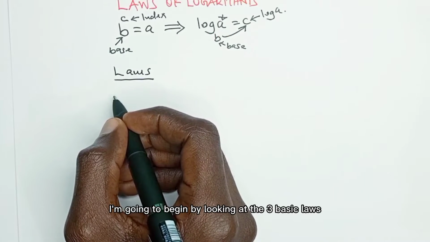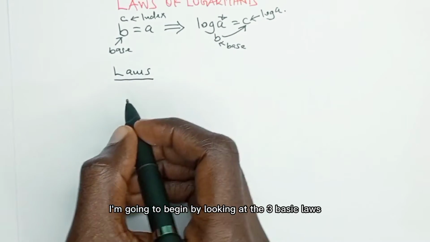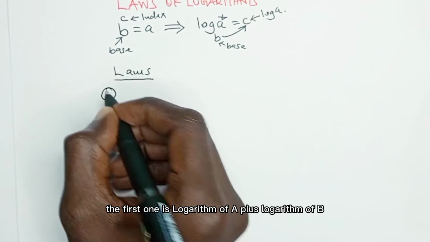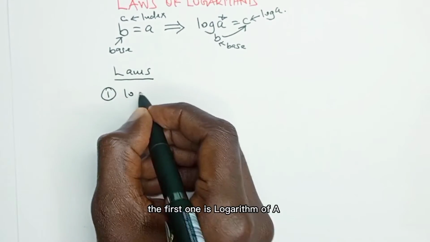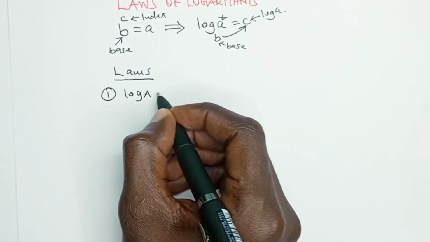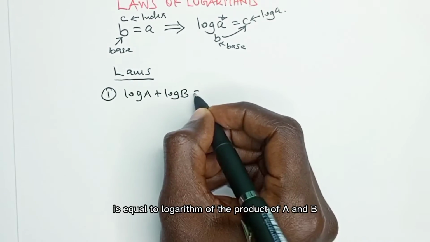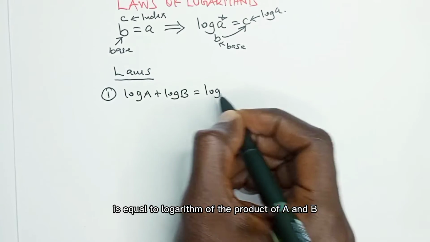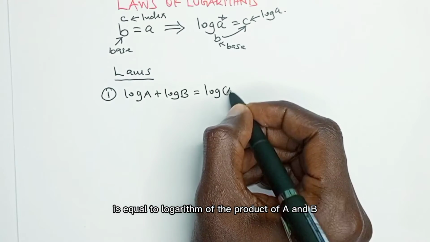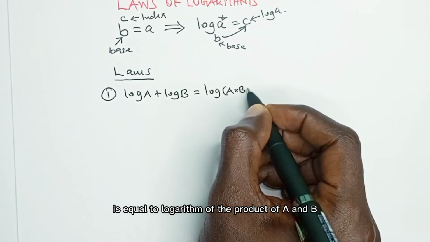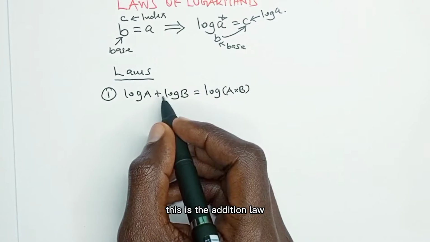So I'm going to begin by looking at the three basic laws. The first one is logarithm of a plus logarithm of b is equal to logarithm of the product of a and b. So this is the addition law.